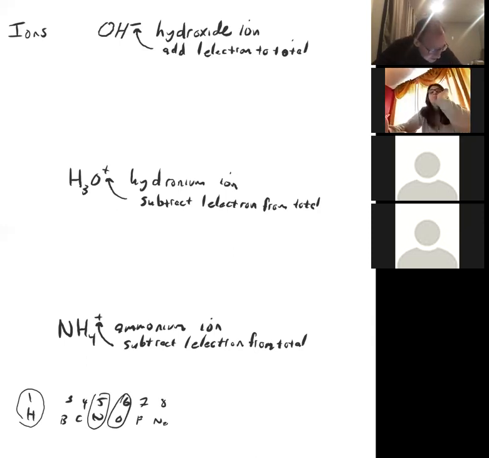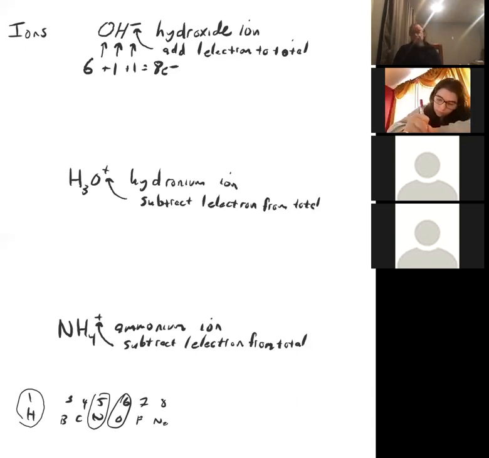So oxygen, 6 electrons, hydrogen 1, but you have this negative, so you're going to add 1 more. So it's 8 electrons. Notice how all of these have 8 electrons. A lot of them have 8 because of the octet rule. It's very common in nature. 8 electrons. There's other multiples that are important, that are common as well. 16, 24, even 32, because those are multiples of 8.